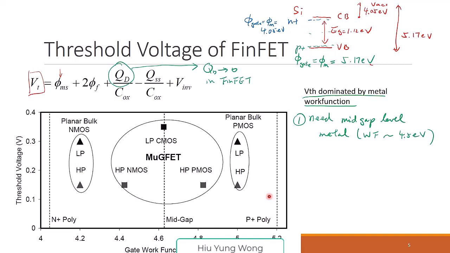And it turns out that different metals have different work functions. So you find some mid-gap level work function that will fulfill the process. Is that okay?